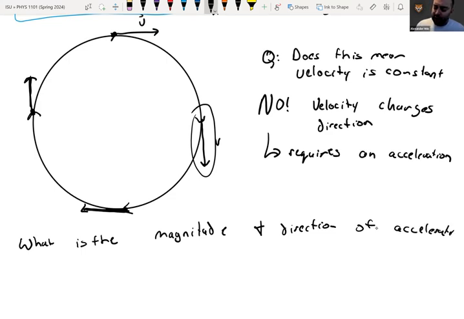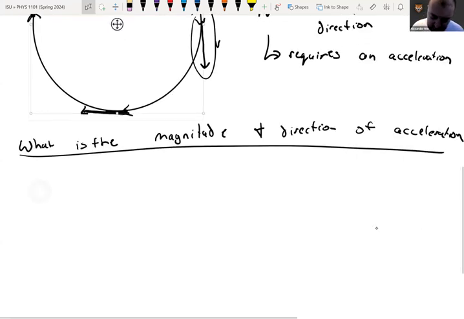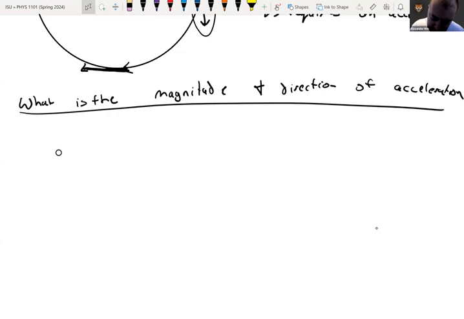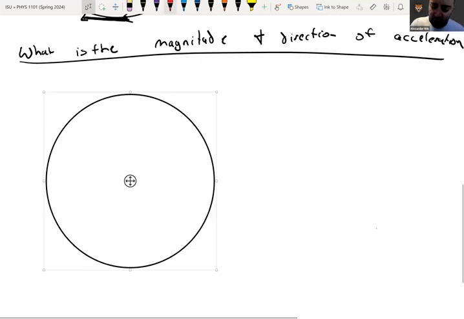Well, I'm going to try to demonstrate this on another diagram, similar to the one I just did. So I'll copy it and paste it. There we go. I'll do my velocity vectors in purple.